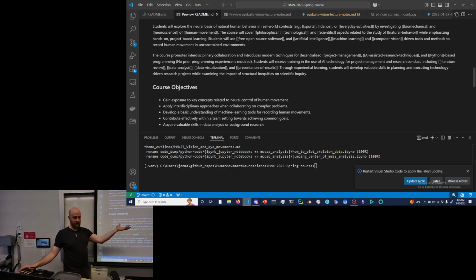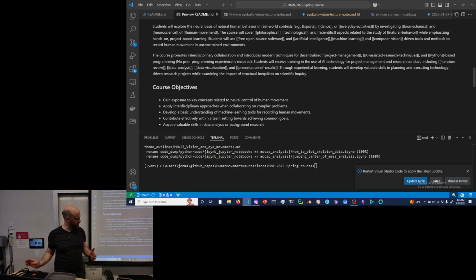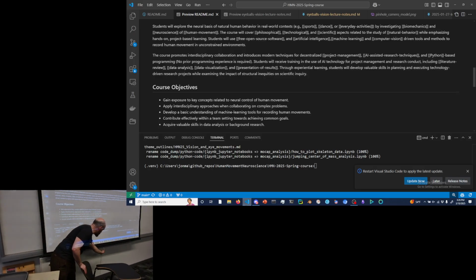At some point we pulled in a bunch of cameras and I showed you what motion capture looks like, which is a way to measure the kinematics of the body. Kinematics means movement, basically. And today, biomechanics and all that kind of good stuff.